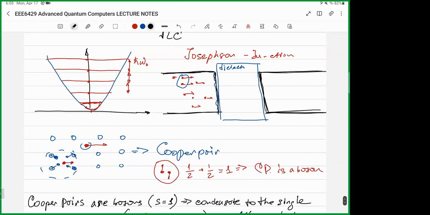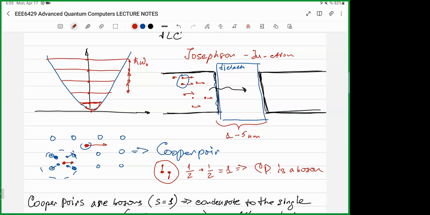So when Cooper pairs condense in the single state, they form a wave, and this wave can propagate through the dielectric layer between. By the way, the thickness of the dielectric layer is around 1 to 5 nanometers. So it's a very thin layer of dielectric.